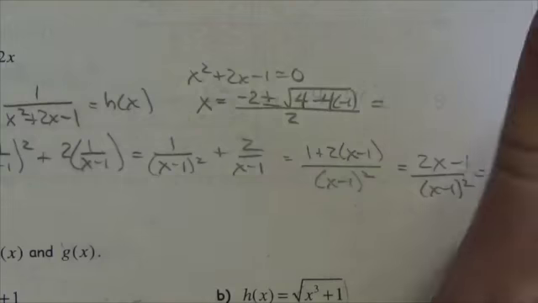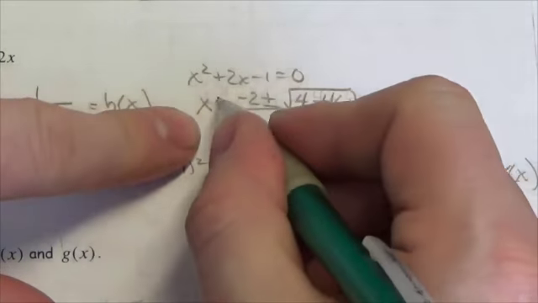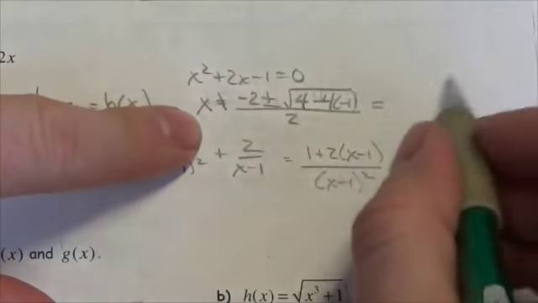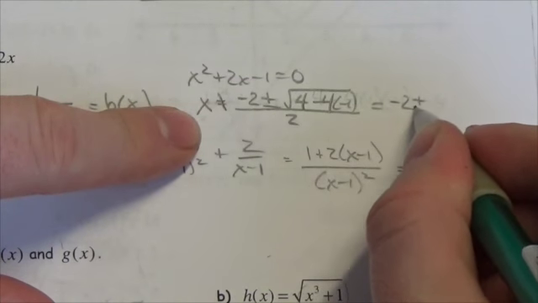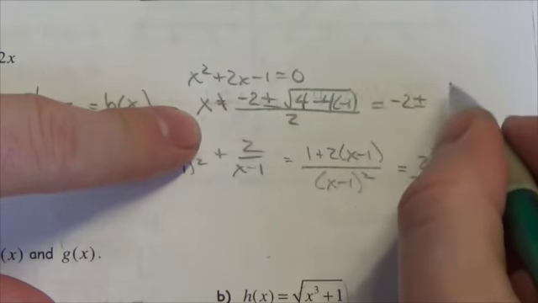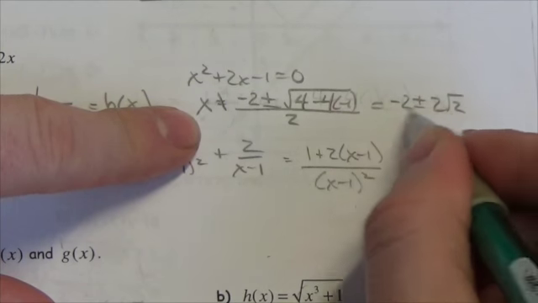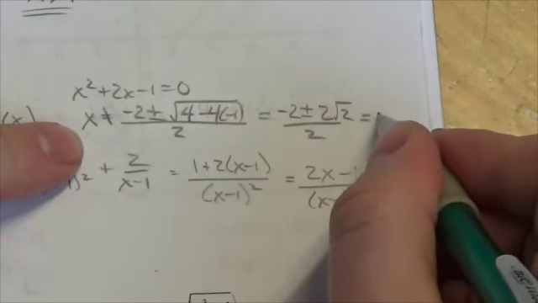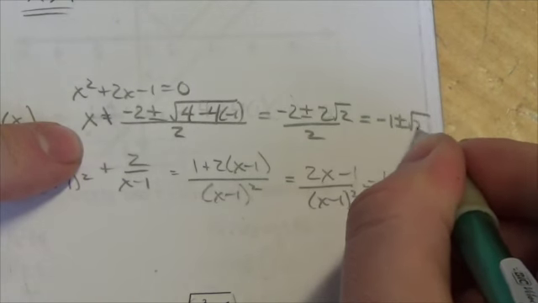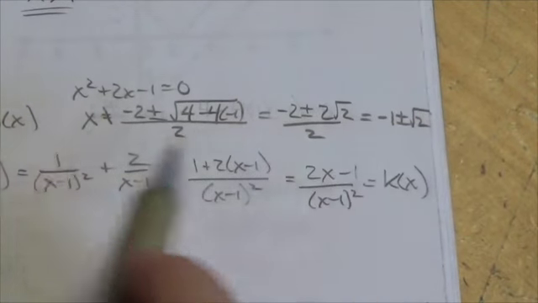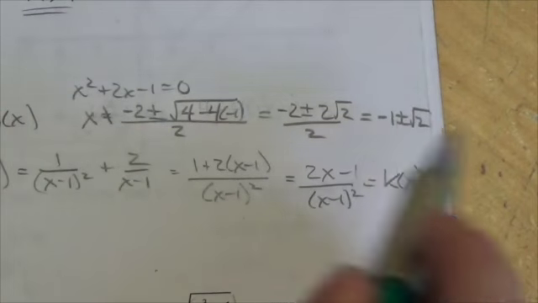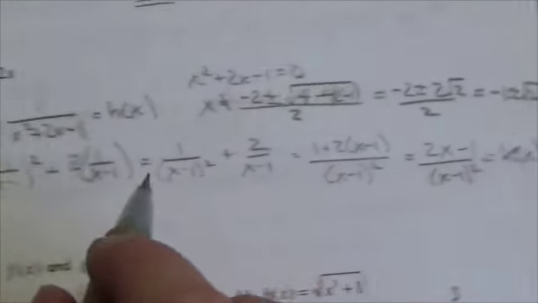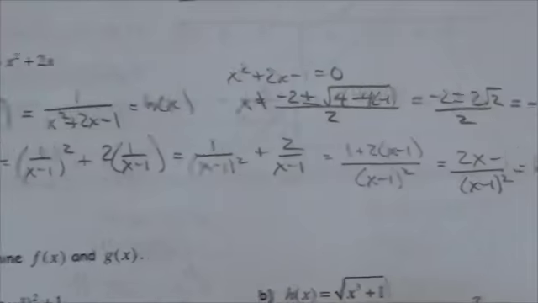And x can't equal this. That's going to equal negative 2 plus or minus, well, that's going to be 8, so 2 root 2 all over 2. Divide everything through, and it would be negative 1 plus or minus root 2. There's my restriction. x cannot equal negative 1 plus or minus root 2, or this thing becomes undefined.